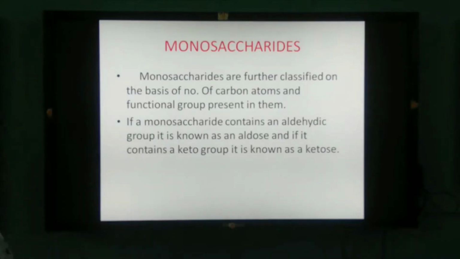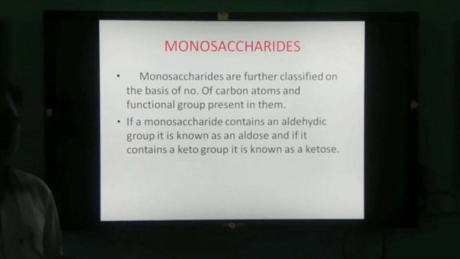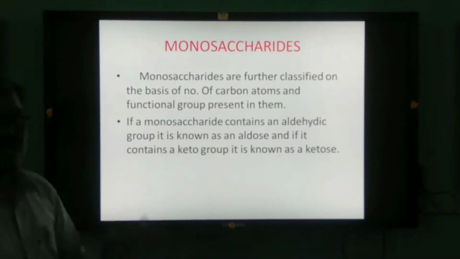These monosaccharides are further classified on the basis of the number of carbon atoms and the functional groups present in them. If a monosaccharide contains an aldehyde group, it is known as aldose, and if it contains a keto group, it is called a ketose.